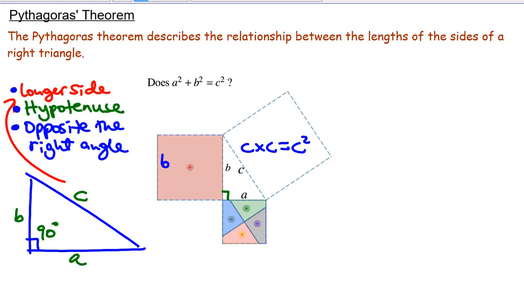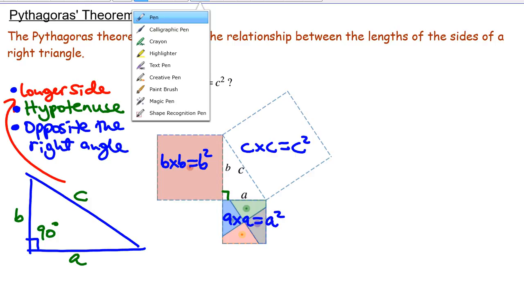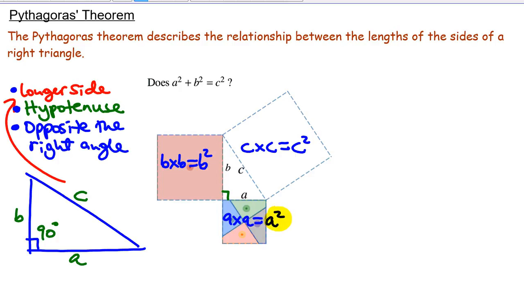And this will be B multiplied by B, which is B squared. And this will be A multiplied by A, which is A squared. So what we want to find out is whether this area plus this area will be equal to that area. And hence, basically, finding out whether A squared plus B squared is equal to C squared.